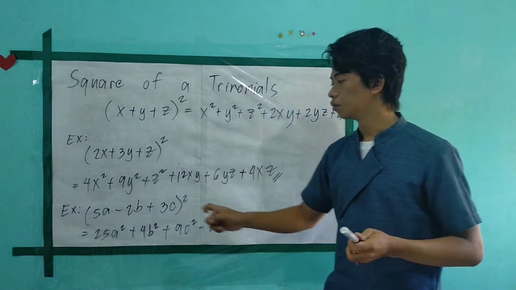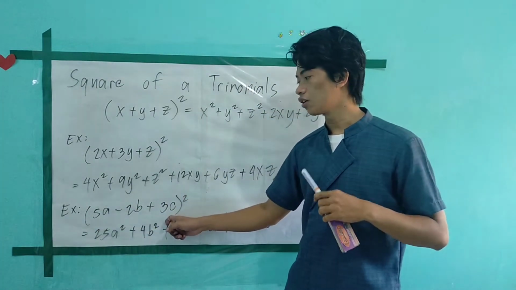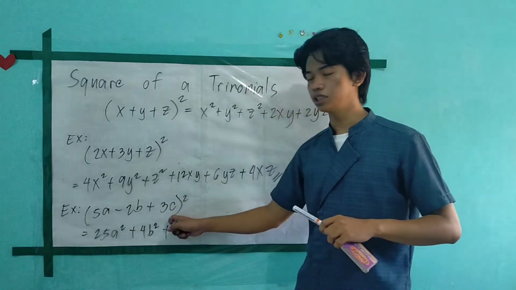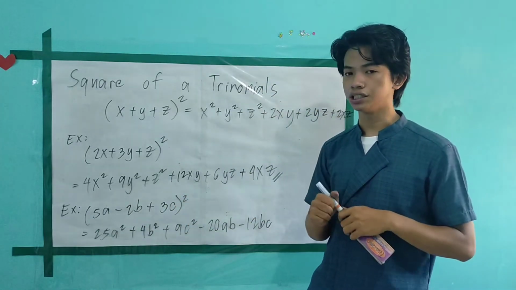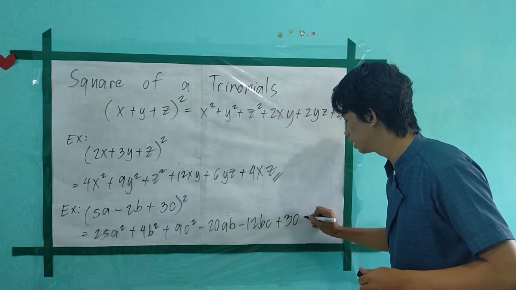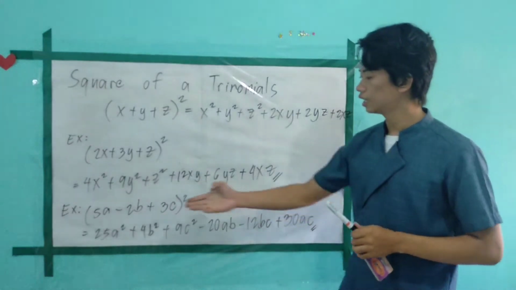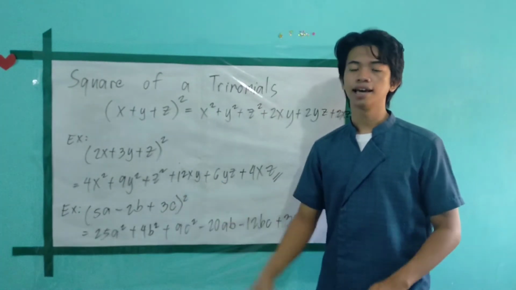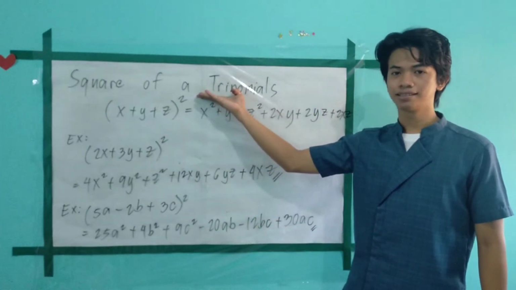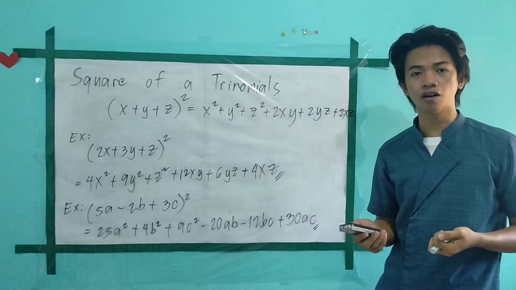Then for the last step, multiply the first term and the third term. Our first term is 5a, our third term is 3c. 5a multiplied by 3c, we have 15ac. Then twice it, we have 30ac. So that is the answer for our square of a trinomial. Again, these are examples of the square of a trinomial. So let's proceed to the product of the sum and difference of two terms.